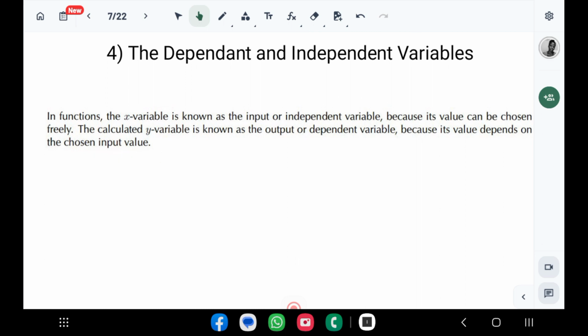That's why your y is dependent on your x. So the independent variable is your x, that is your input. And that's how you figure out who's who in the variable department.